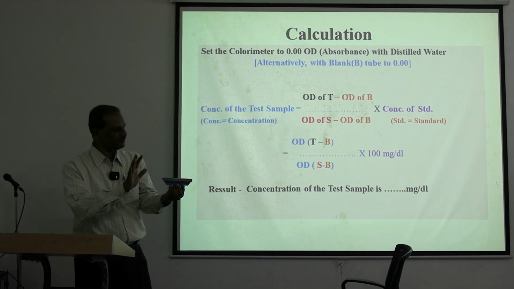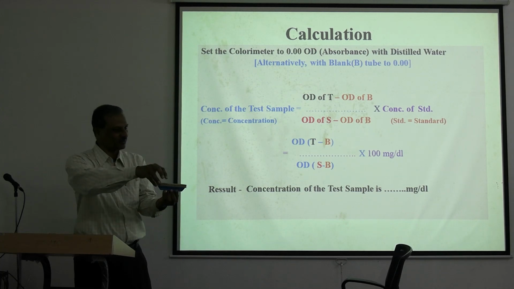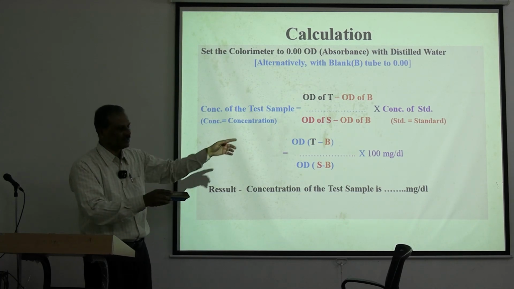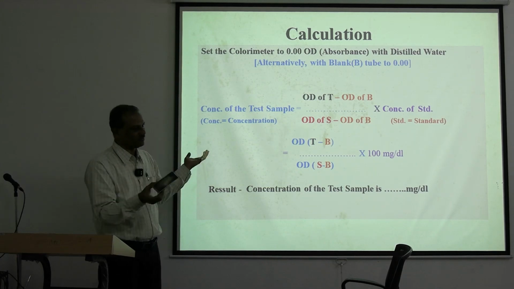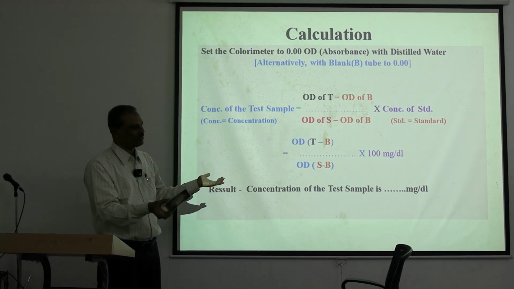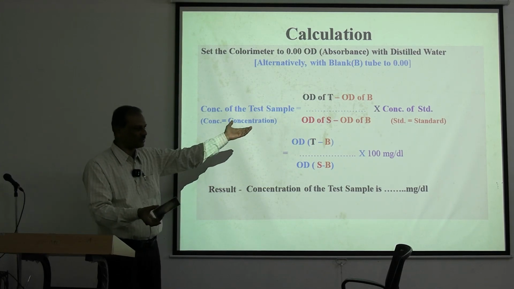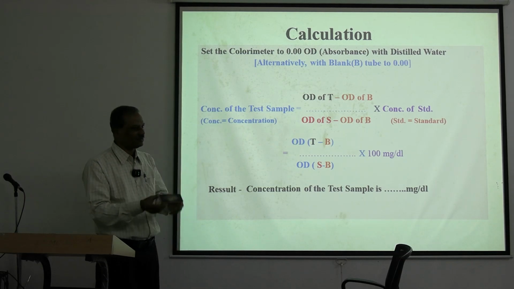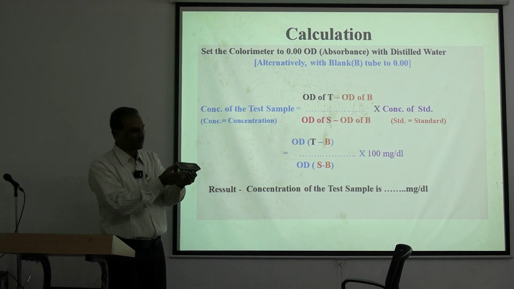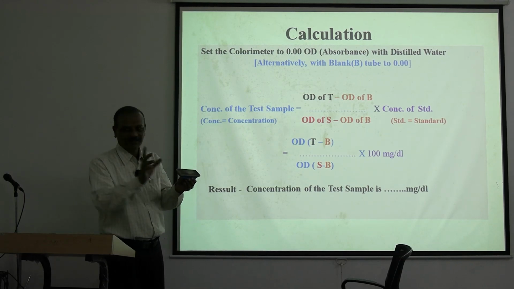That means the basket weight is also taken care of at 0. Now you are putting some material. Then the weight of the material will be shown. Same thing is here. You set the distilled water at 0. Now you take the reading, there is no need to subtract it. Otherwise you have to subtract the weight of that basket. Do you understand?